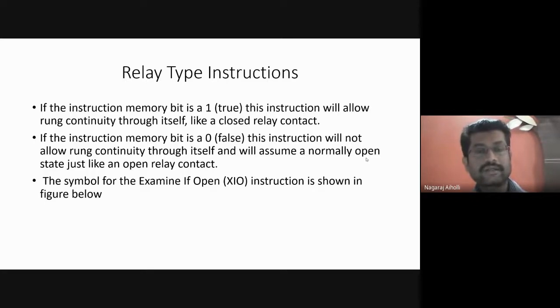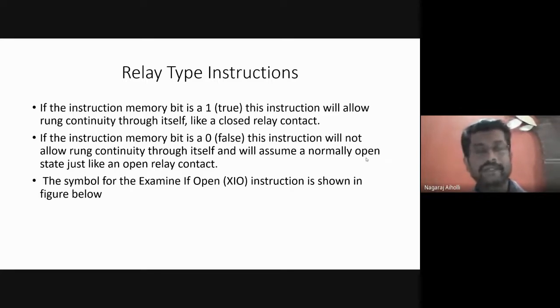If the instruction has a 0 in the memory bit, that is false, then it's just the opposite. If there is a 1 being stored, a true condition, then there is continuity. If there is a 0 or an open switch at the input, then there is a false condition, and there will be no continuity between the input and the output.